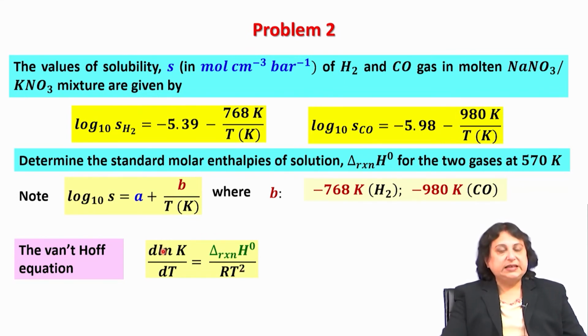Now, this basically says that I should be able to find out delta H naught reaction, provided I know how ln K varies with temperature.